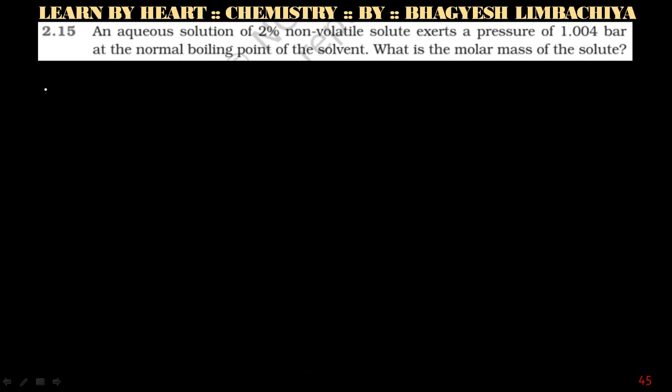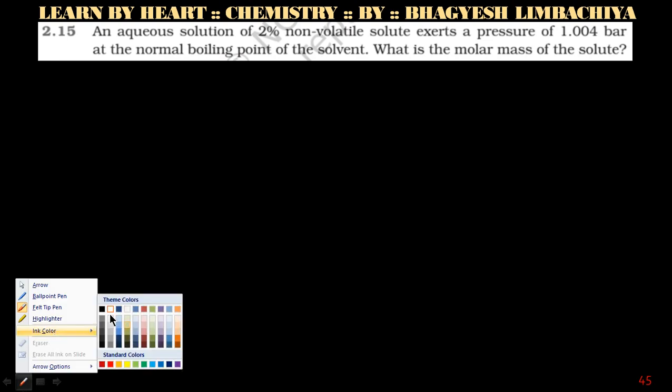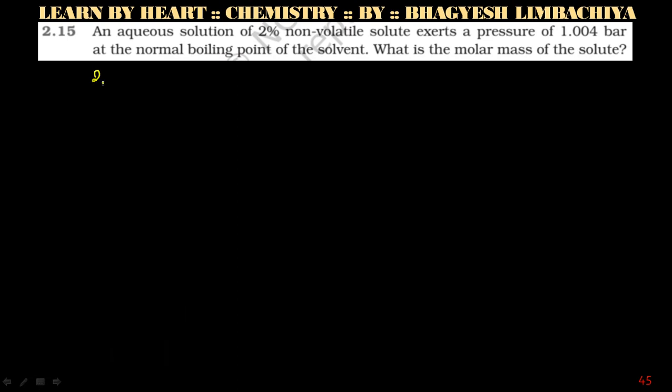Yes students, last question of today's session. You are given here 2% non-volatile solute. 2% means 2% W by W. It means 98 gram of water and 2 gram of solute, isn't it?